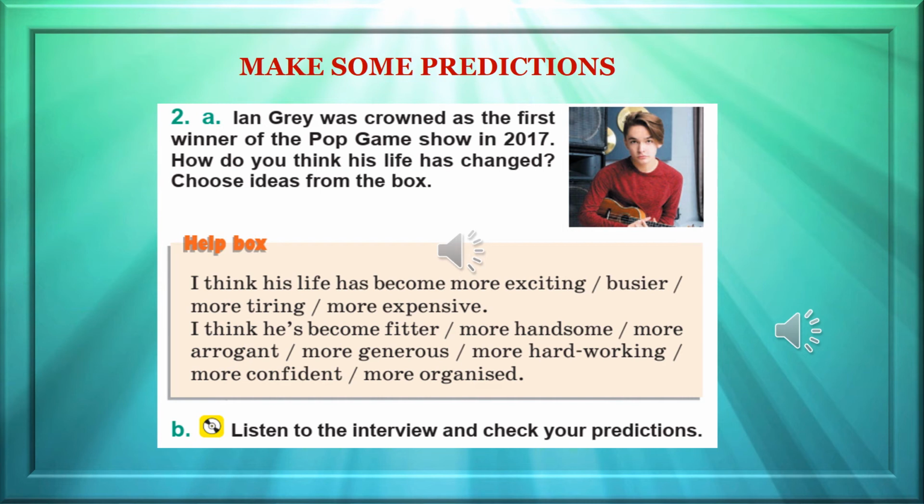Open your textbooks at page 58. Look at exercise 2A. Read the task. Now, use the help box and predict what could happen to Yen.